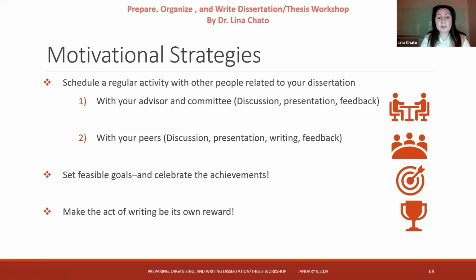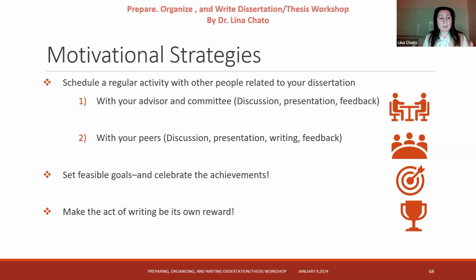You can schedule a regular activity with people related to your dissertation. For example, with your advisor, you can have a weekly meeting to discuss, present, and get his or her feedback. With your peers also, to discuss, present, and write, because you know your audience in your dissertation and thesis.